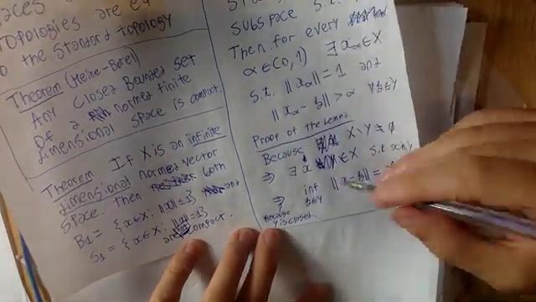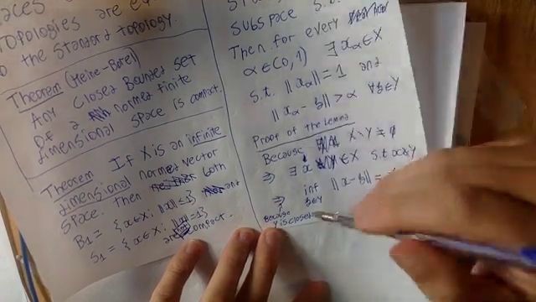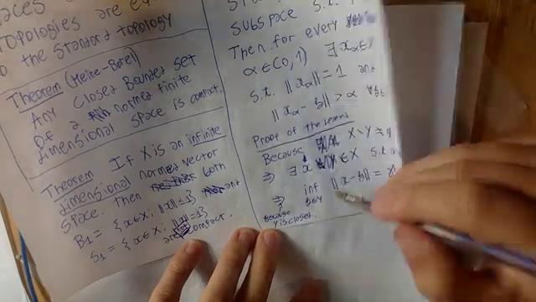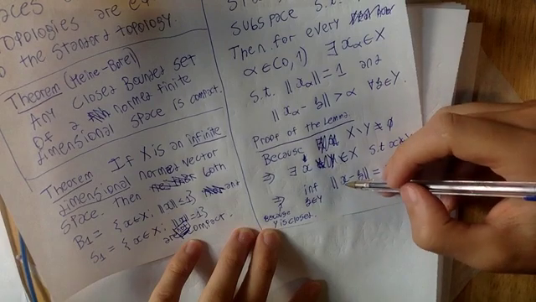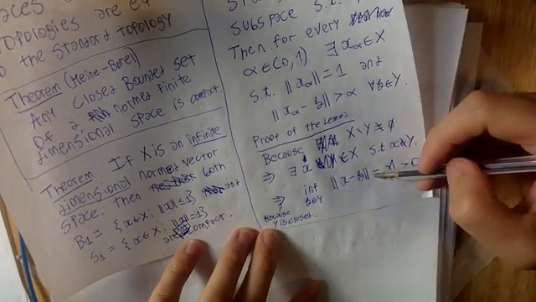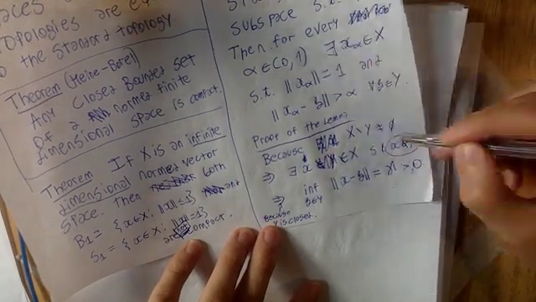Because y is closed, we have that this infimum has to be positive. Because if this infimum is equal to 0, then that means that there is a sequence of points in y such that they converge to x. But if they converge to x, using that y is closed, x belongs to y. Okay, and we have assumed that x is not in y.